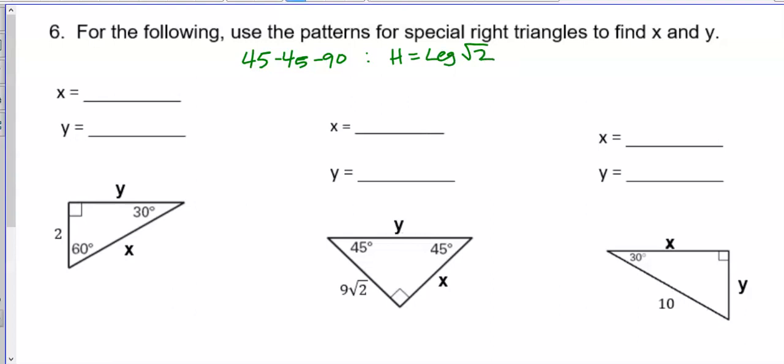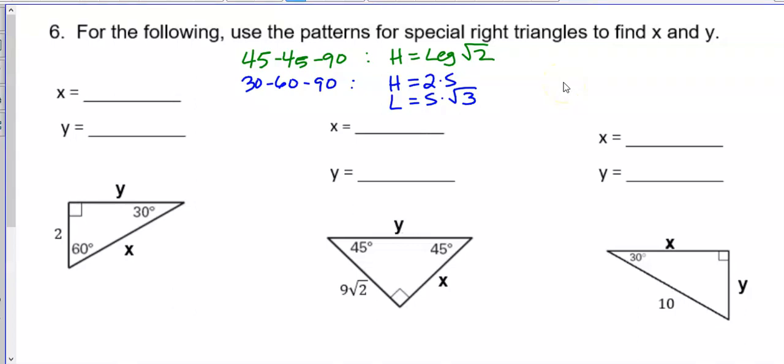And the rules I like to use for 30, 60, 90 are your hypotenuse is 2 times the short side, and your long side is your short side times the square root of 3. Those are the ones that I'm going to use as I go through here.